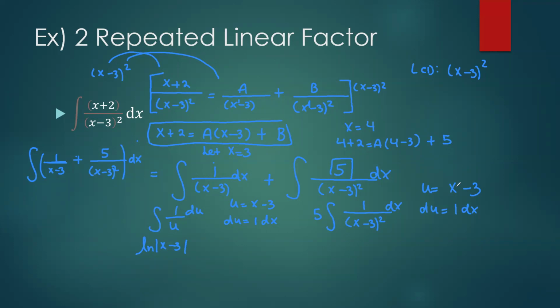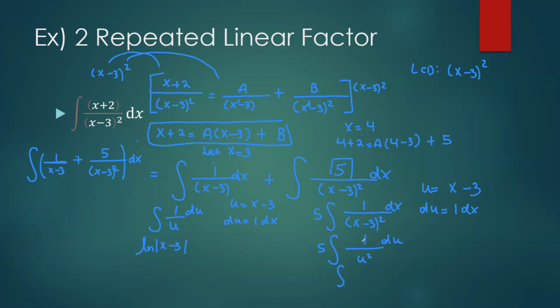It comes out nicely. So it's going to be the integration of 5 times 1 over u squared, because remember our u is x minus 3, not just x. And then I'm going to replace 1 dx with du. And if you want, what's the integration of 1 over u squared? It's not the ln, because this is a power of 2.